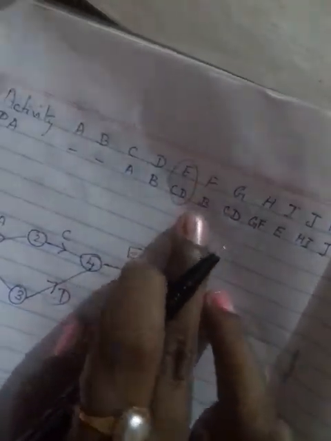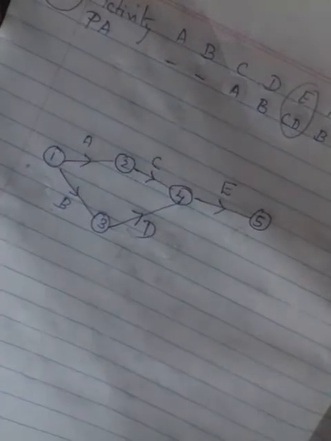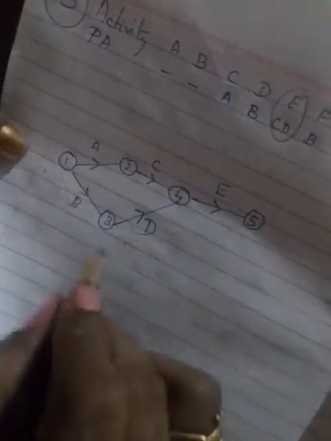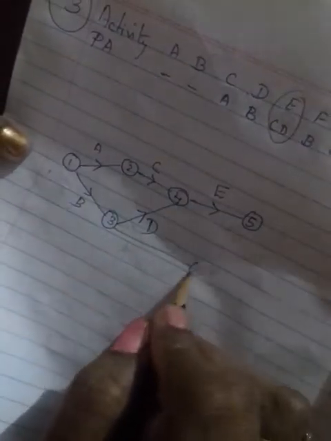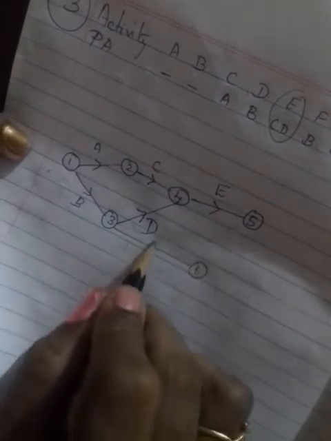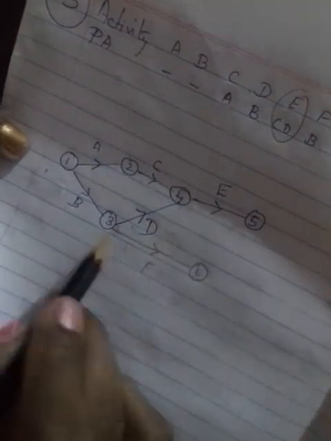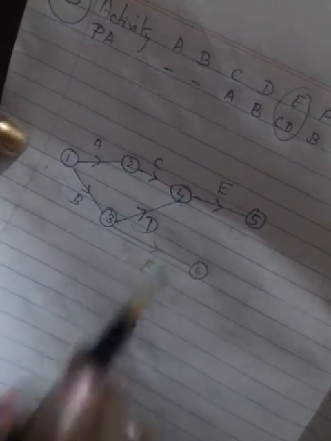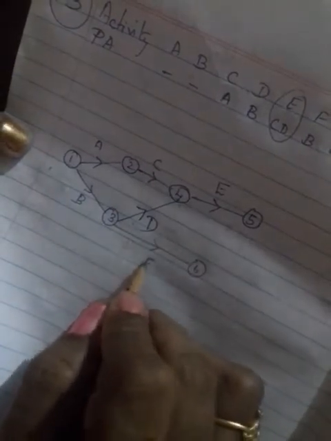Next, F. For F, B is the predecessor. Where is B? This is B. So separately I am doing one more node, node 6, and this is F. I use a pencil, so later we can fair it. Now F is over.